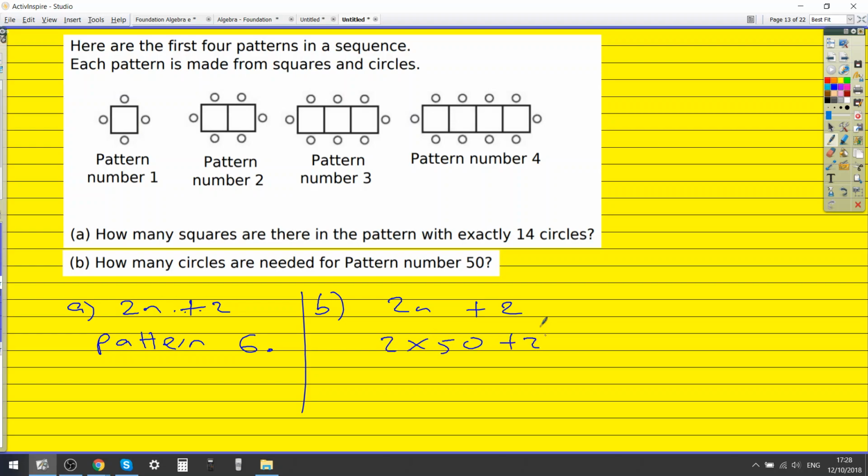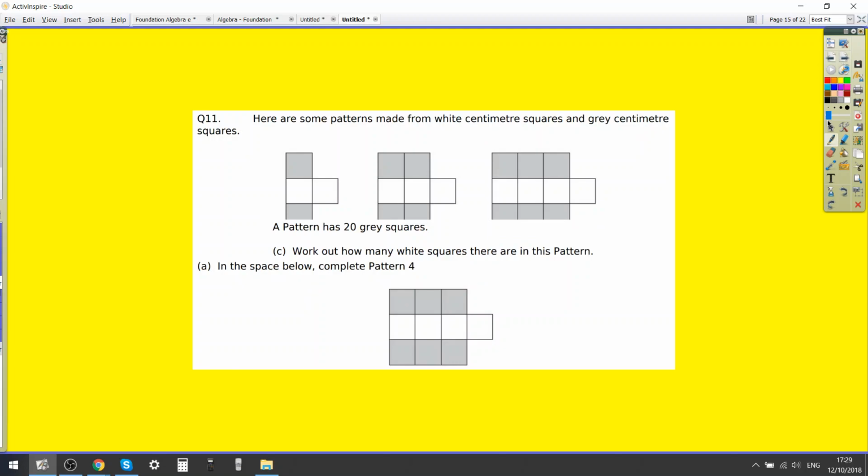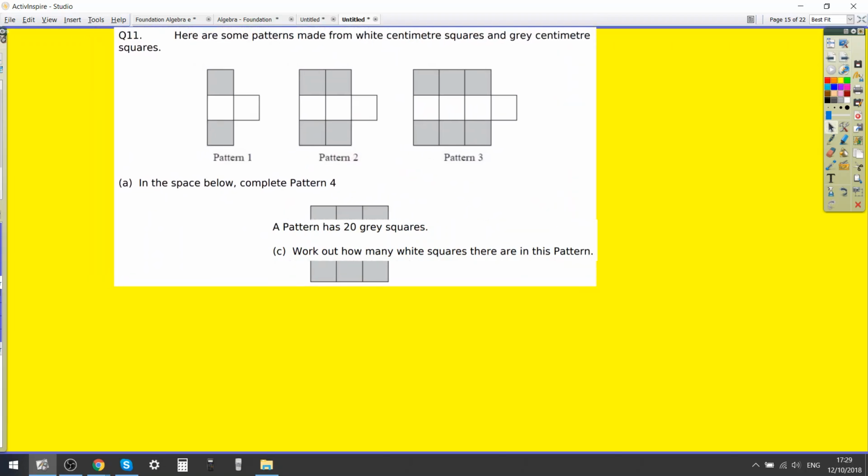Yeah, because the pattern number is 50. So 102. Well done. For the first one, it was 2n plus 2 equals 14, and you solve for n. For this one, it was 2 times 50 plus 2, and you just work forwards. Yeah. 102.